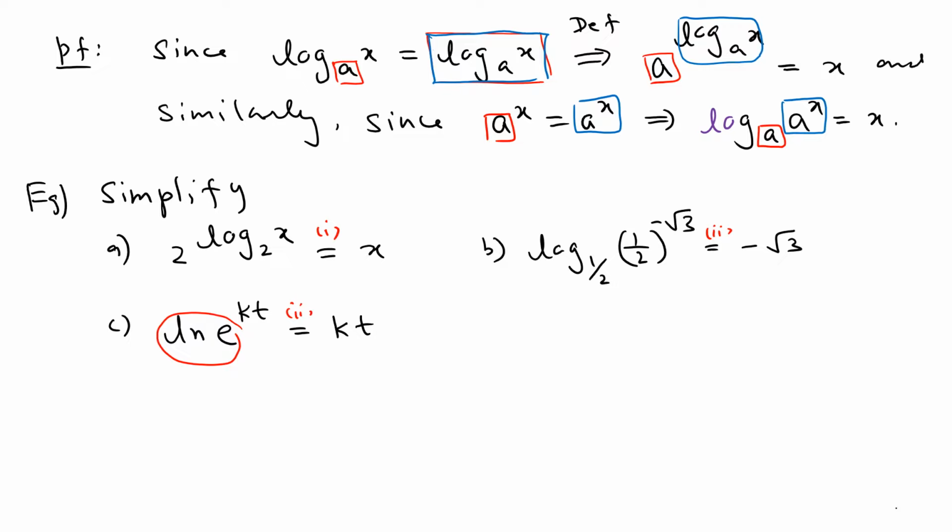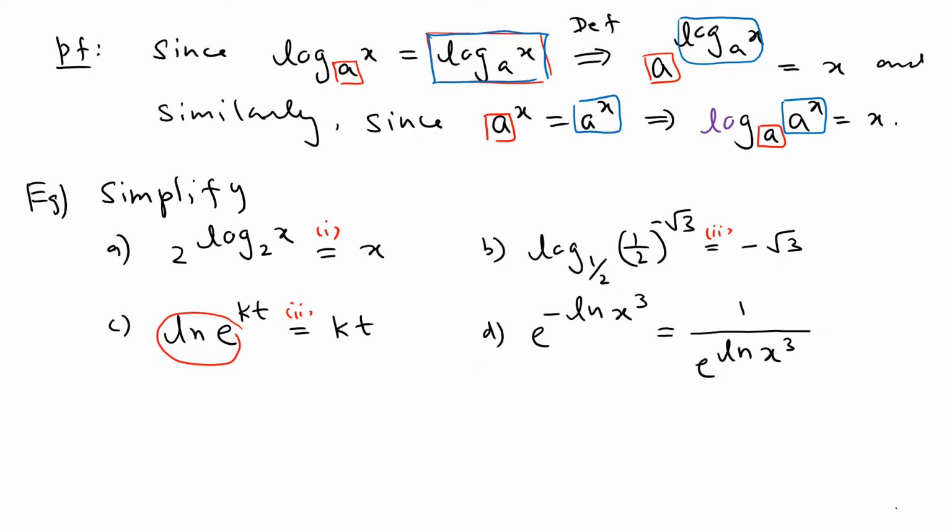And then d. How about e to the negative ln of x cubed? You're going to get things like that when you take differential equation classes. So let's do some basic simplification. You see the negative index, so to remove it we bring it down: you can write this as 1 over e^(ln x^3).